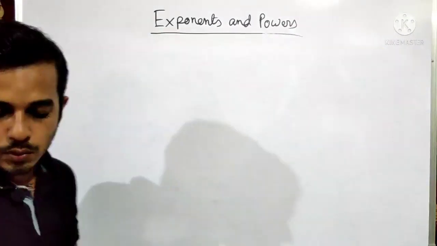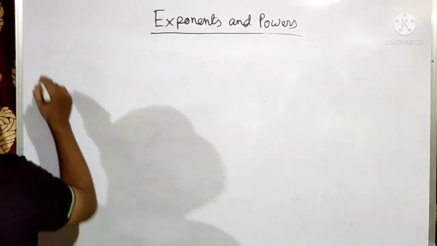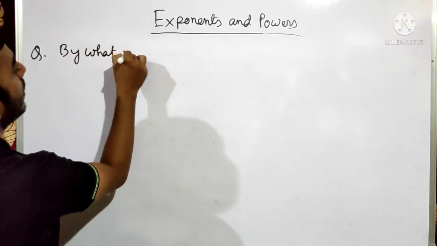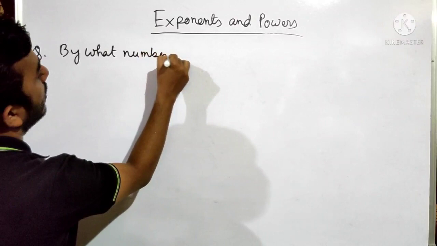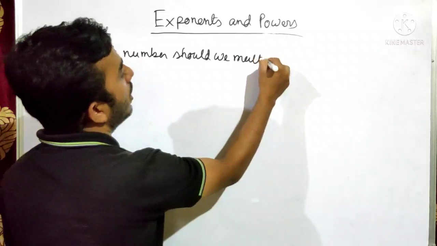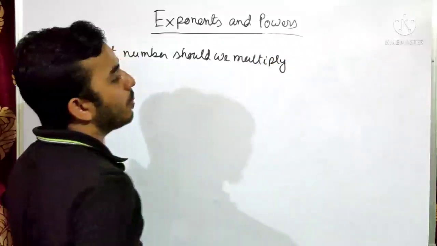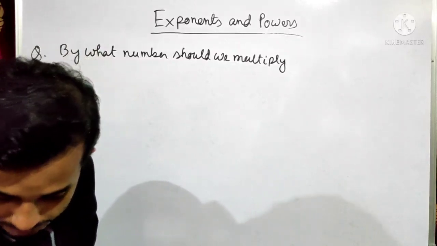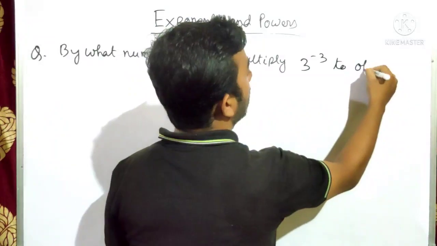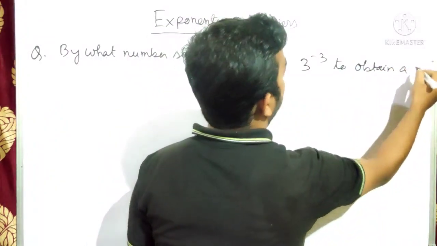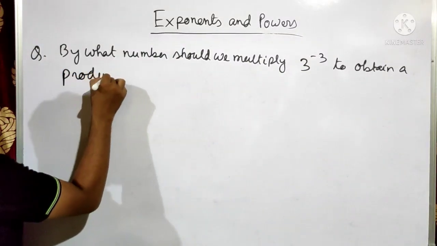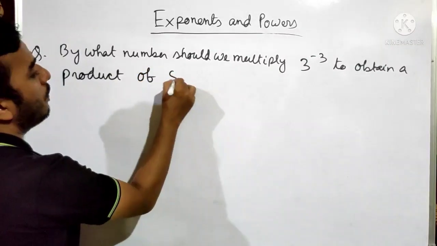So let's write the question first. By what number should we multiply 3 to the power minus 3 to obtain a product of 5.